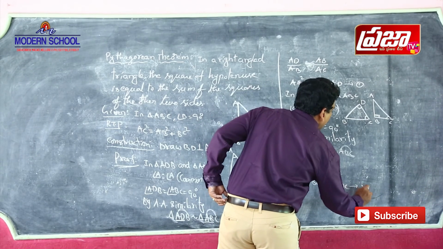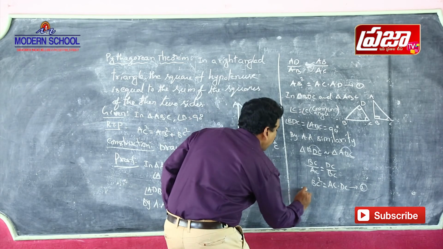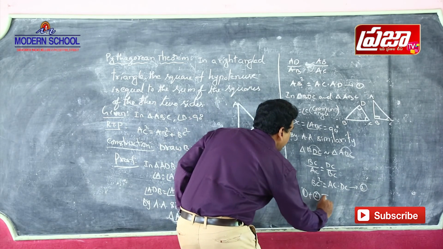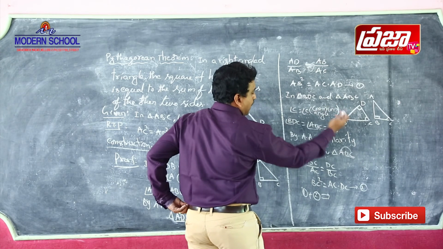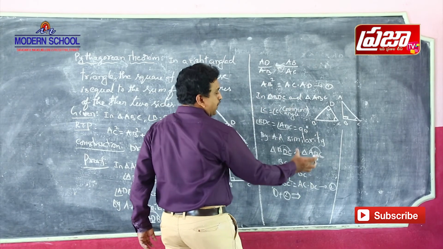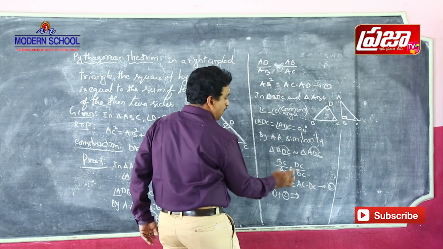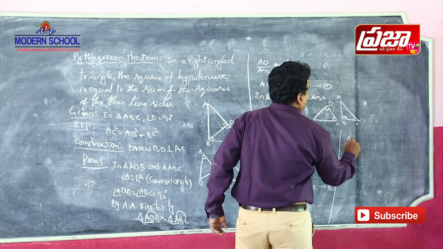Let it be the second equation. Add this first equation and second equation: 1 plus 2. Add left side and left side. What is the left side? AB square here, and here BC square.